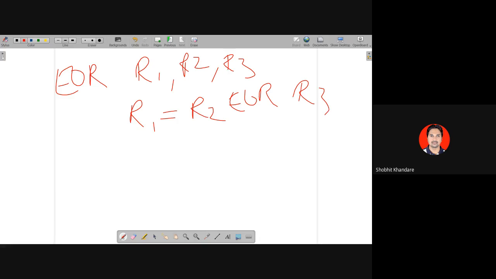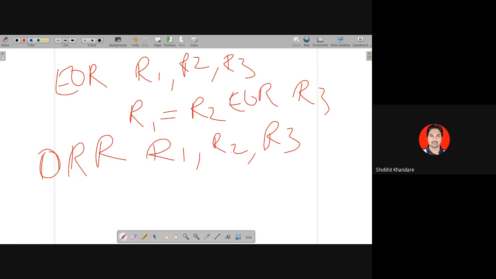If I have to give some other example, you can take the same example I showed for AND. Then comes the OR operation. Again the same thing is applicable. You can go with ORR R1, R2, R3 if I am using the OR operation.